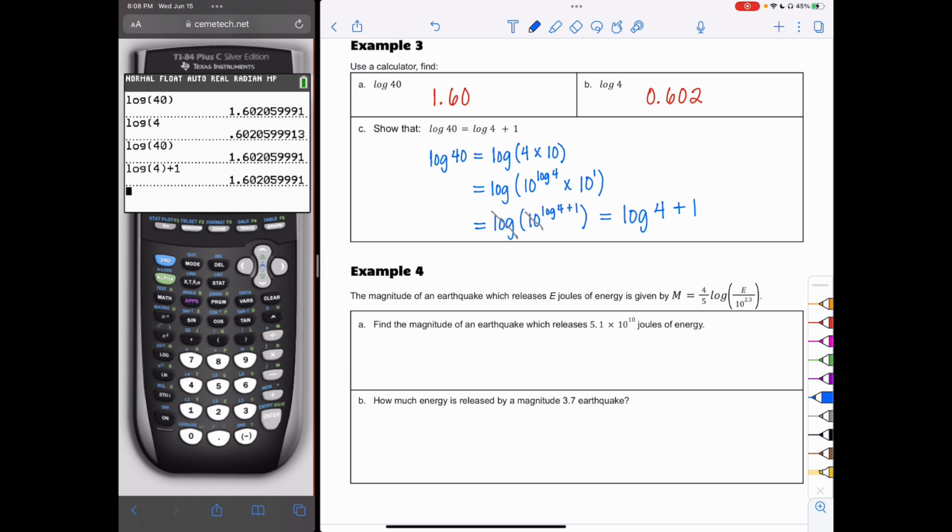So here they gave me E. So all I have to do here is substitute in 5.1 times 10 to the power of 10 for E. So I'm going to have M is equal to 4/5 times the log of 5.1 times 10 to the power of 10 divided by 10 to the power of 2.3.